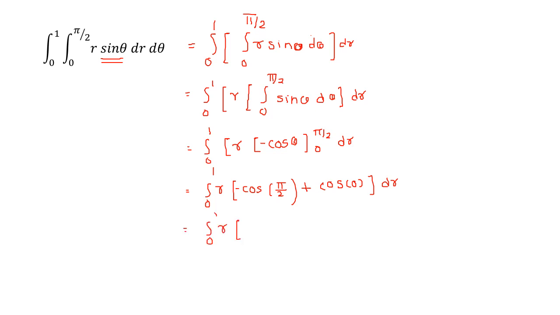What is cos 90? It is 0, and cos 0 is 1. So dr. This is equal to the integration from 0 to 1 of r dr.